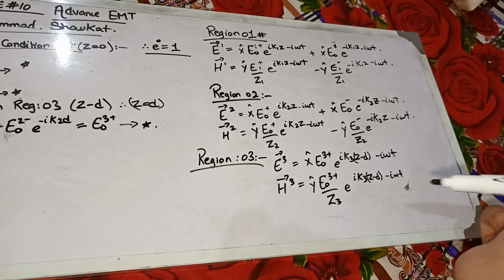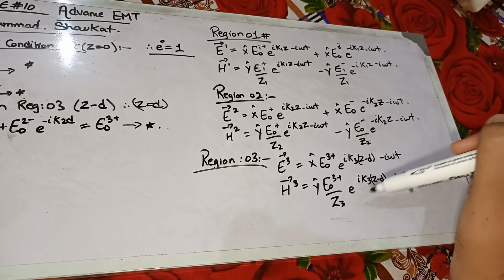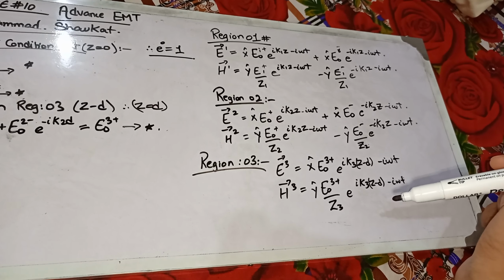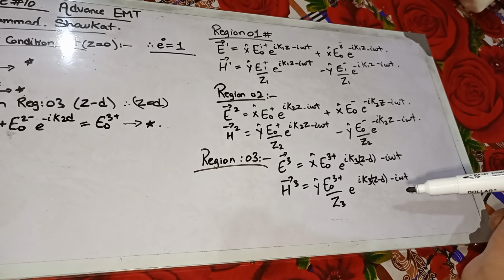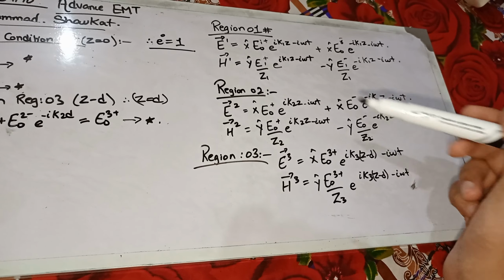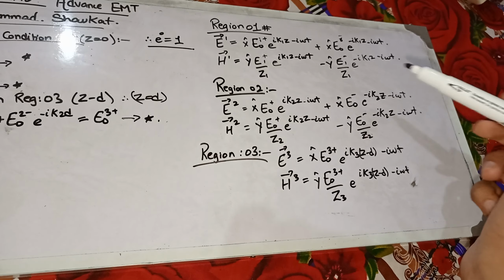When you put z equals d, this becomes 0, and you are only left with e power minus iota omega t, and taking e power minus iota omega t common cancels each other.